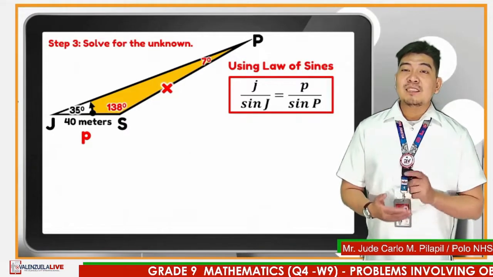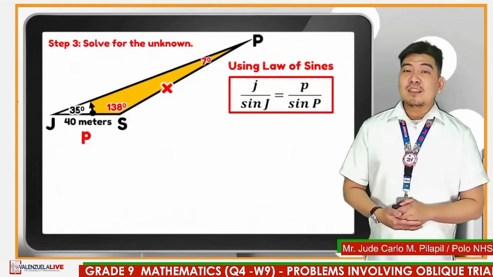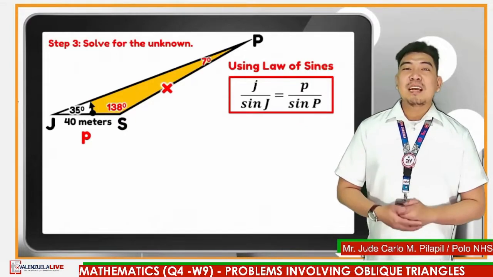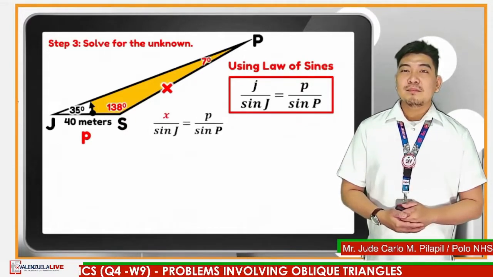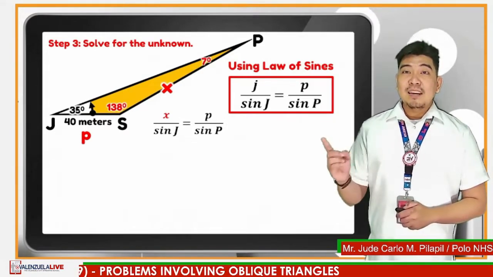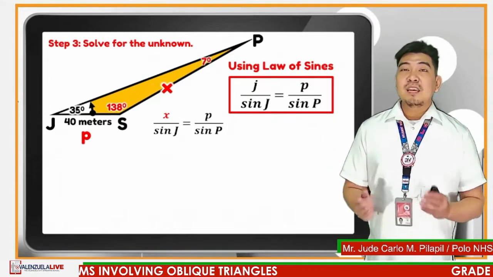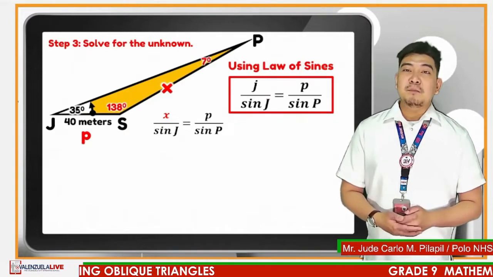Also, take note that side j is equivalent to x, as represented in the figure. So we now have x over sine of angle J is equal to p over sine of angle P.